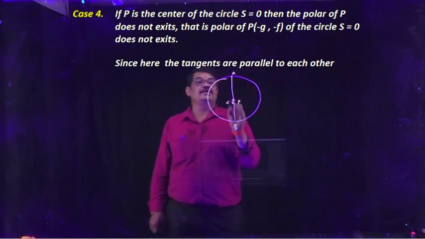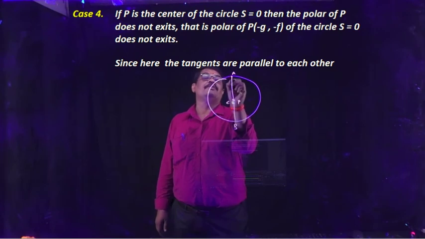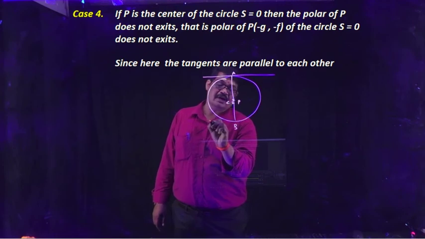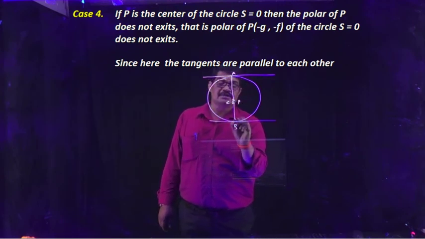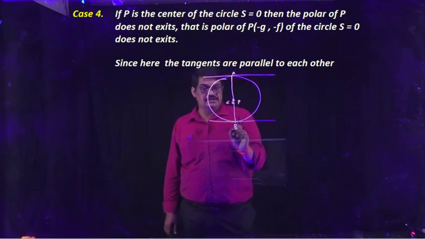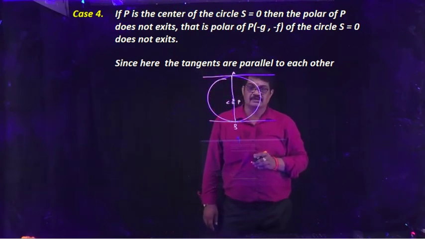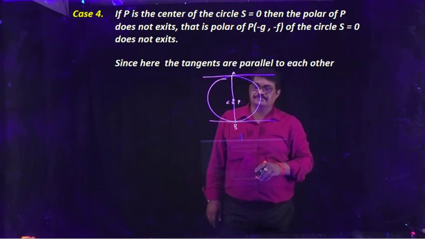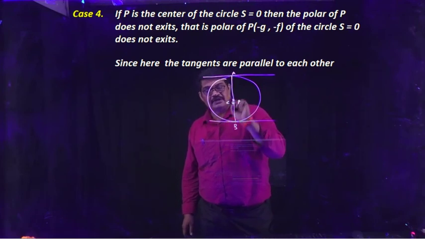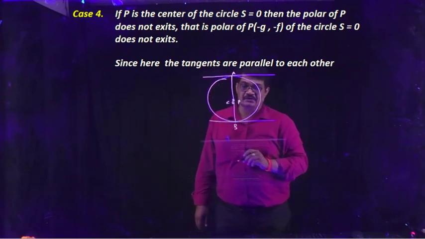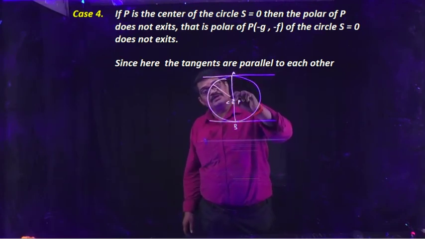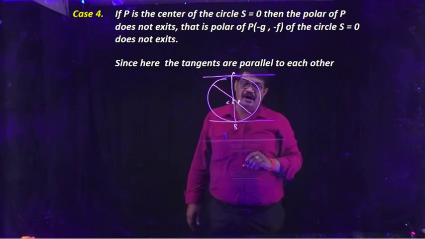So now we are writing the tangents at capital A and capital B. These tangents are parallel to each other, since AB is the diameter of the circle. Here P is taken at the center. So if you take any line through P, any secant through P, that is a diameter.